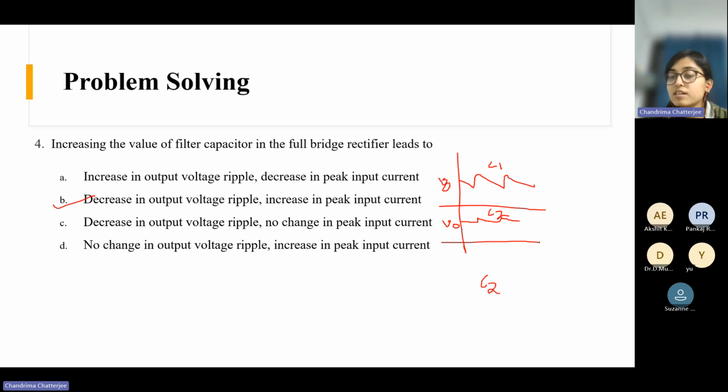As you increase the capacitance value, your voltage ripple will decrease. Okay, so option B is the correct option.